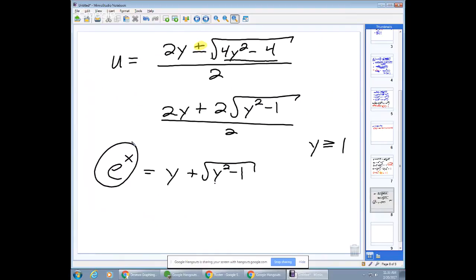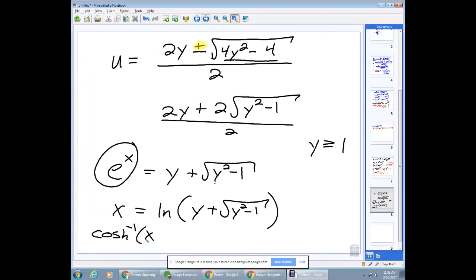So next thing, if e to the x equals that, then the natural log must be what x is equal to. So x is going to be the natural log of y plus the square root of y squared minus 1. Switching x with y, the last step in finding an inverse function, we've now finally calculated the inverse hyperbolic cosine.